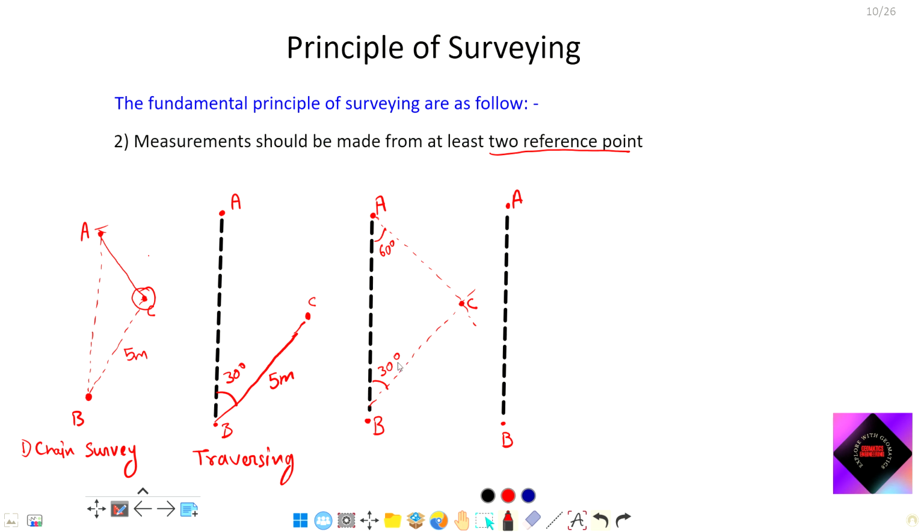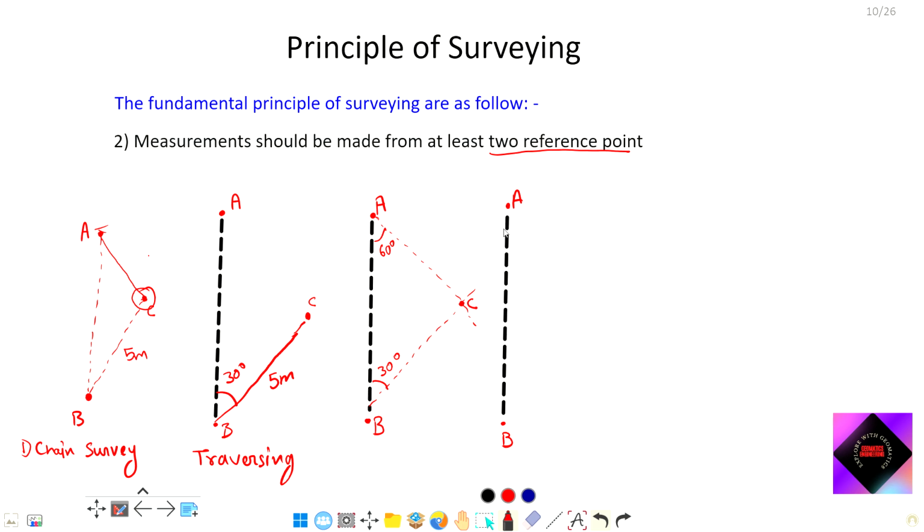And there is one more way, that C makes an offset of, for example, 3 meters to the line AB. Offset means perpendicular distance.